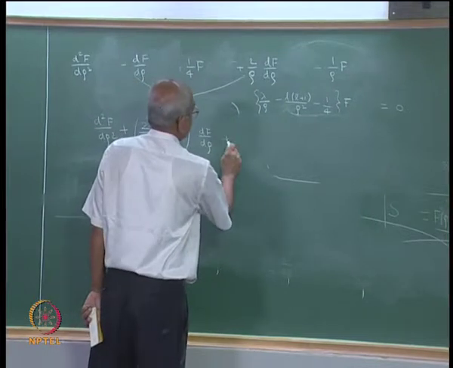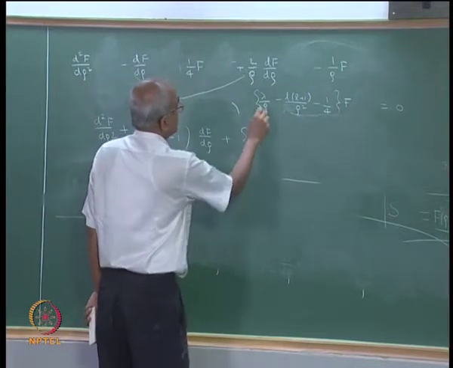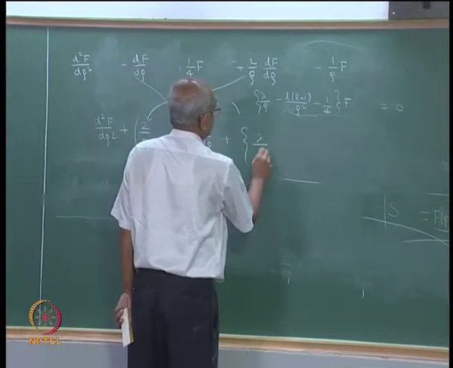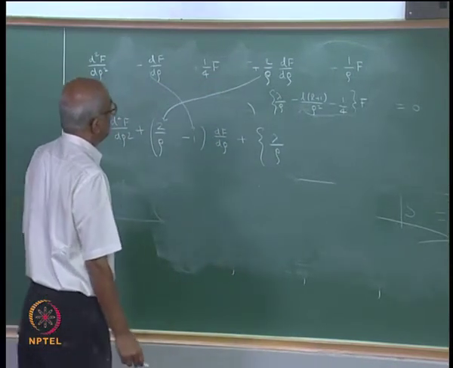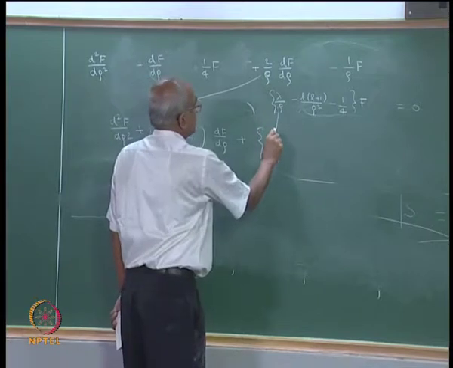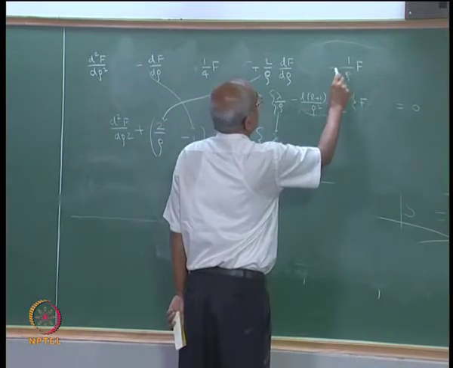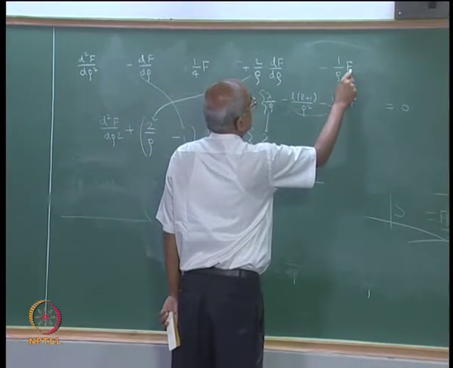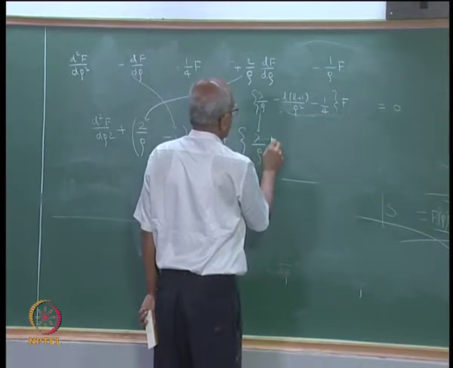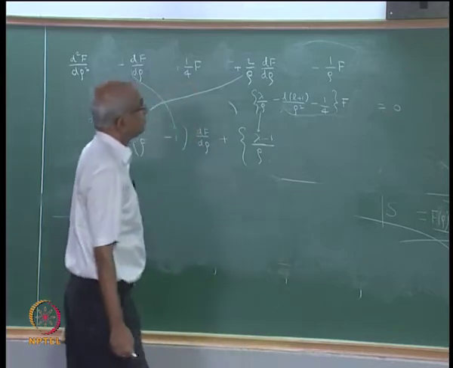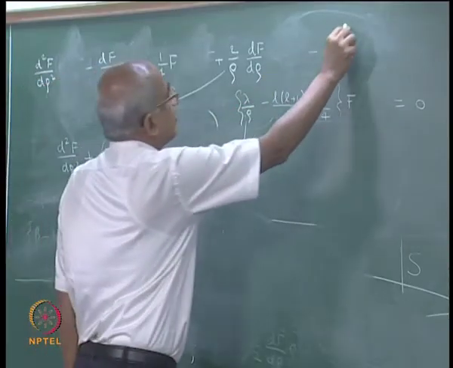Then what are the other terms that I have left? This term lambda by rho, this I have put here. There is another minus 1 by rho times f. So, I can modify this and say lambda minus 1 by rho. So, this also I have accounted for.